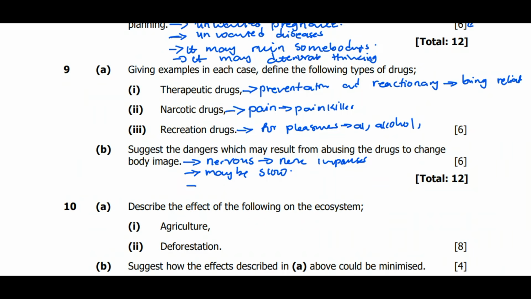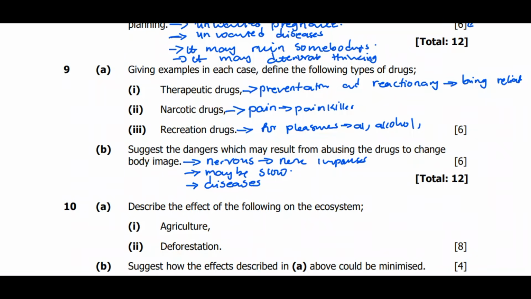Then the abuse of drugs may cause diseases in some. If you look at alcohol, too much alcohol is considered to be a slow poison. It may one day give an individual some negatives. Then also smoking.